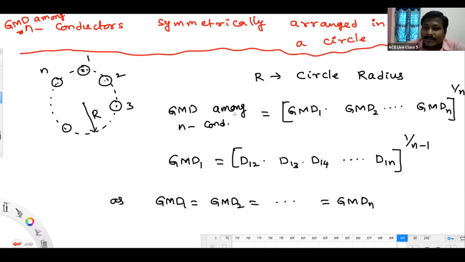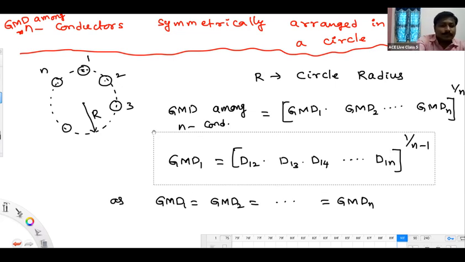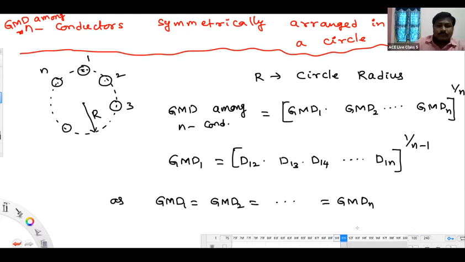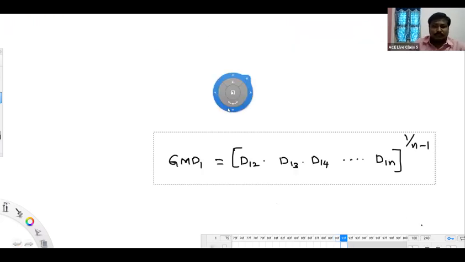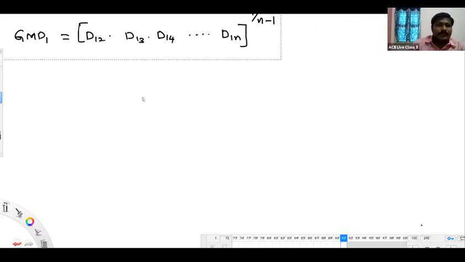So I'll copy this; this itself is the GMD among n conductors.